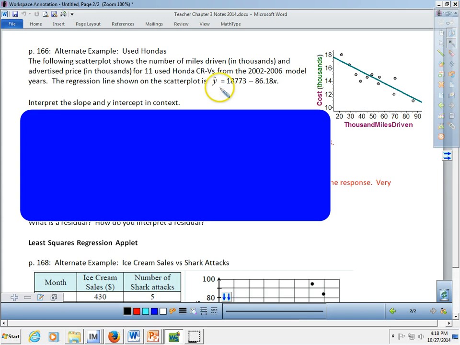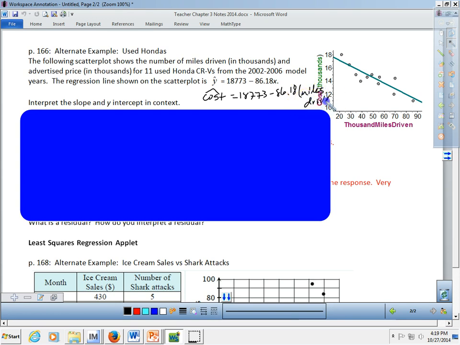And so what I mean by plugging in context to the equation from earlier, we could write the equation as y hat equals 18,773 minus 86.18x. Or to satisfy context, very often what you'll see is since cost is on our y-axis, we could actually put that in here. We could go cost hat equals 18,773 minus 86.18. And instead of writing x, since our x is thousands of miles driven, we can include that here and just go miles driven.